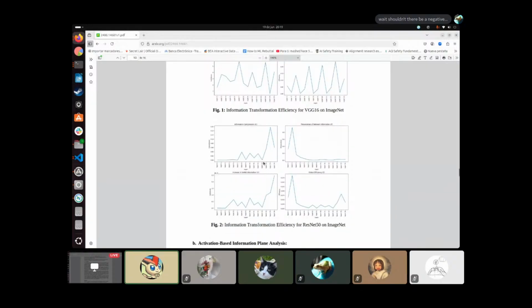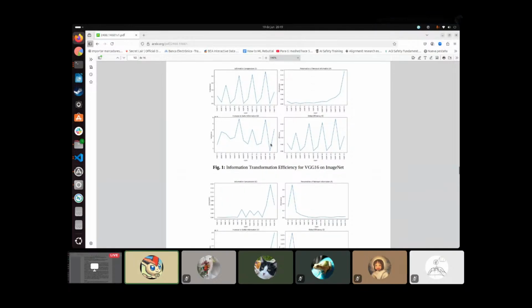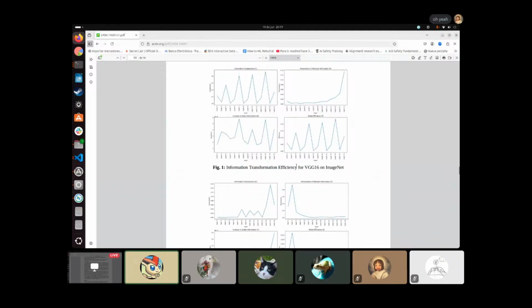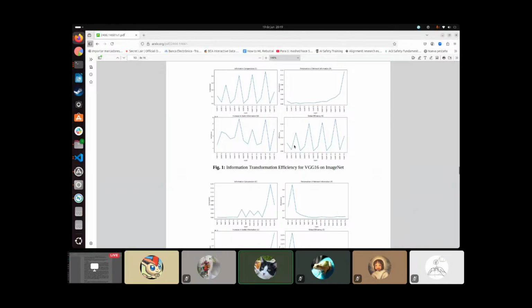So basically, I think the reason the global efficiency is almost the same here as this is because the global efficiency is just adding up all of the other plots with some coefficient. Wait, what's preservation?